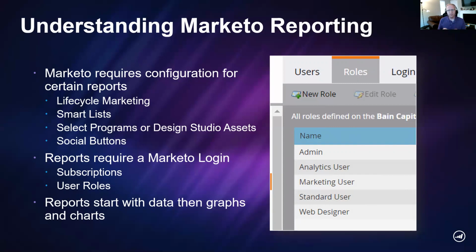And as you move around from organization to organization to use Marketo, one of the things that you understand is that different organizations define success in different ways. They define some of their metrics in different ways. And so, Marketo is kind of set up so that you have that flexibility to be able to pull up the data that you need, and then you build the graphs on top of that data.